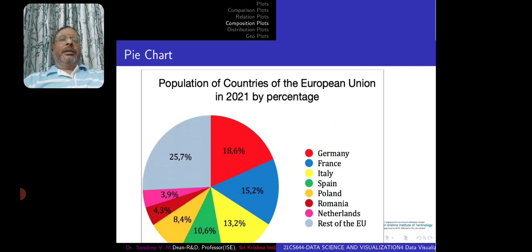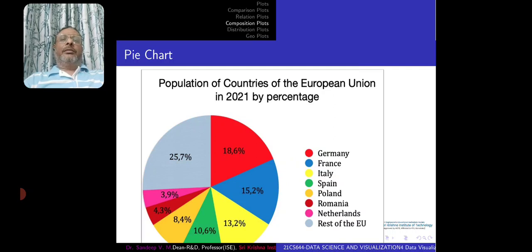The values written inside tell the percentage of population, but the numbers will not give the exact idea, whereas looking visually we can immediately make out that almost one quarter of the population is in the rest of the EU, and just less than one quarter is in Germany, and so on.